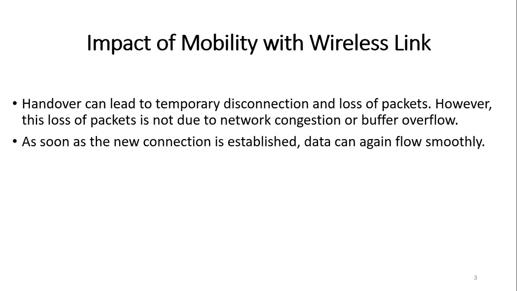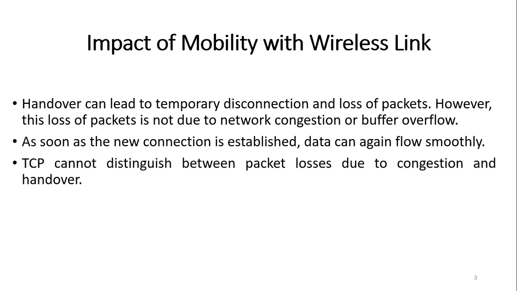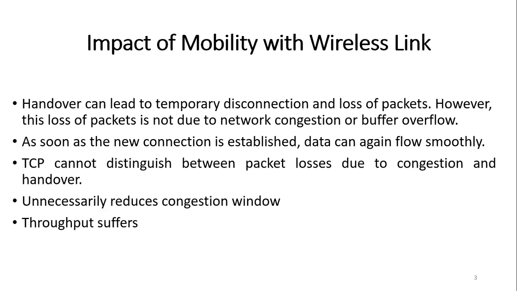It was a temporary disconnection or disruption, which is recovered once you establish connection with the new base station, once the handover is complete. The congestion window should change only when there is congestion in the network. There is no congestion, but it still reduces the congestion window, and again you suffer from poor throughput.